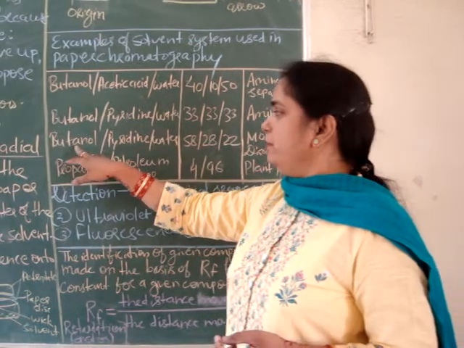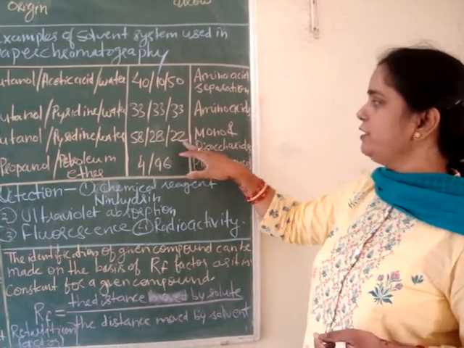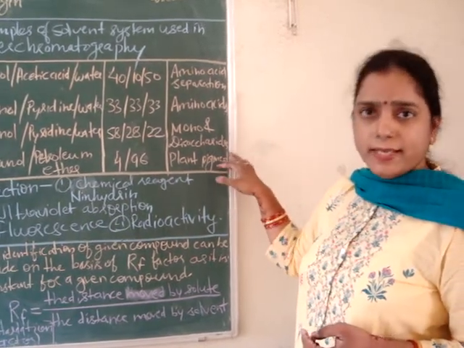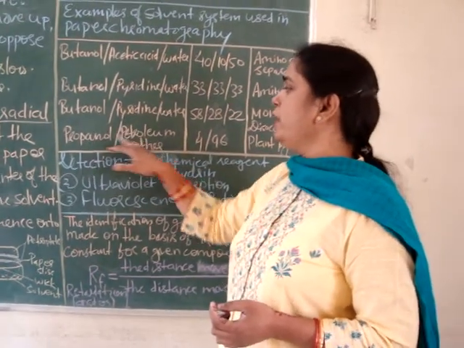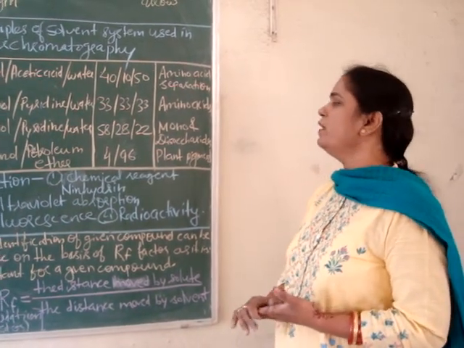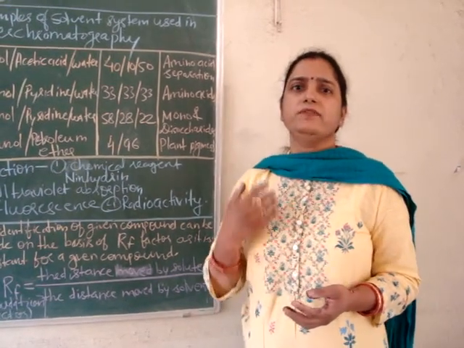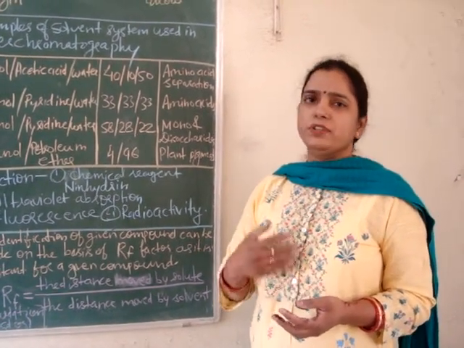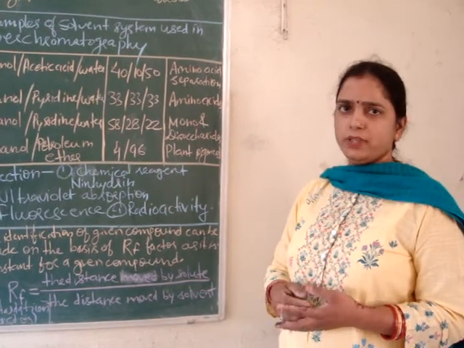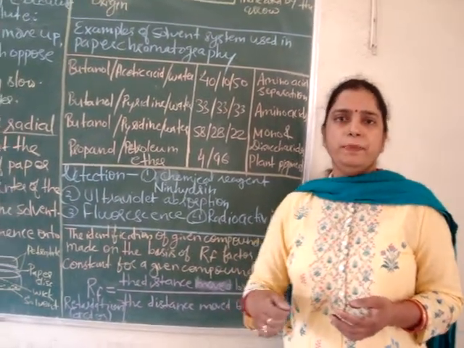Then butanol, pyridine and water in the ratio of 58:28:22 for mono and disaccharide separation. Then propanol and petroleum ether in the 4:96 ratio for the separation of plant pigments. So these are some examples of solvent systems which we can use as the mobile phase for the separation of these components.